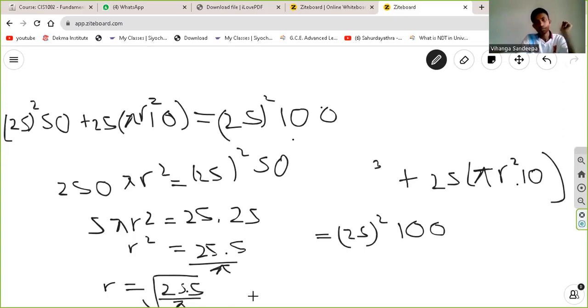Then 25 can come outside because the root of 25 is 5. Then R equals 5 into the root of this. This is the answer. I got that.